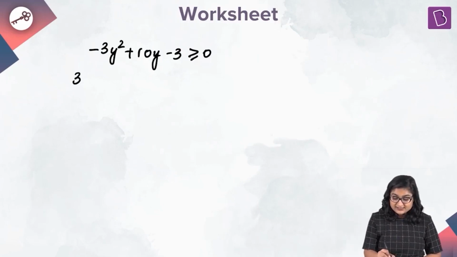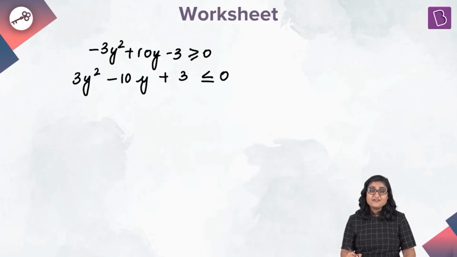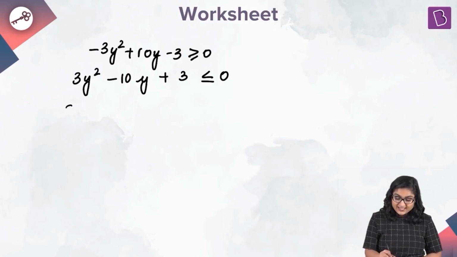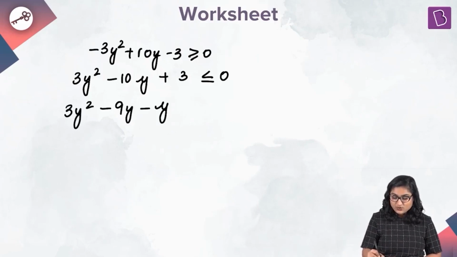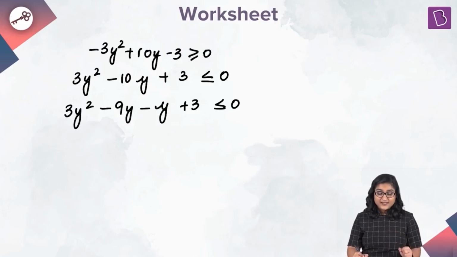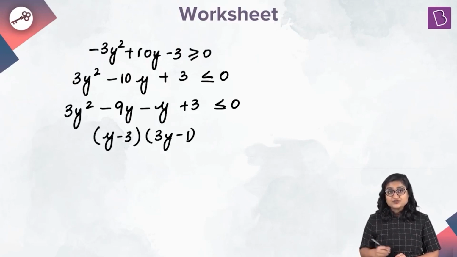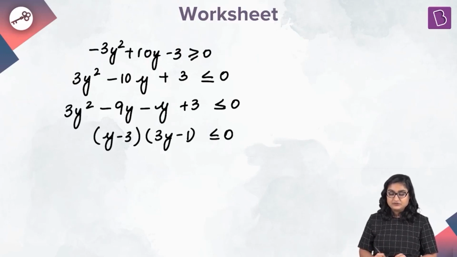So what we get is 3y square minus 10y plus 3 is less than or equal to 0. All we have is a quadratic in y. We will split the middle term to factorize it. So we get 3y square minus 9y minus y plus 3 less than or equal to 0. We get two factors here, (y minus 3) multiplied by (3y minus 1), and the product of these two factors is less than or equal to 0.